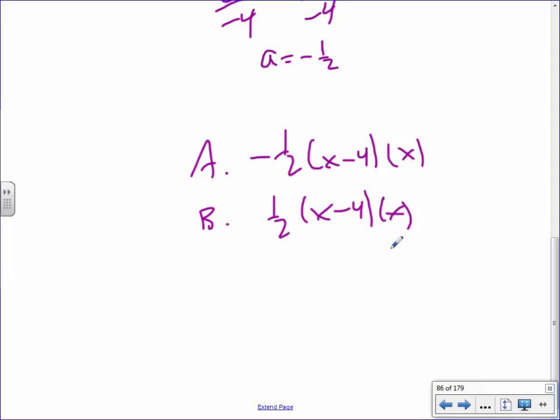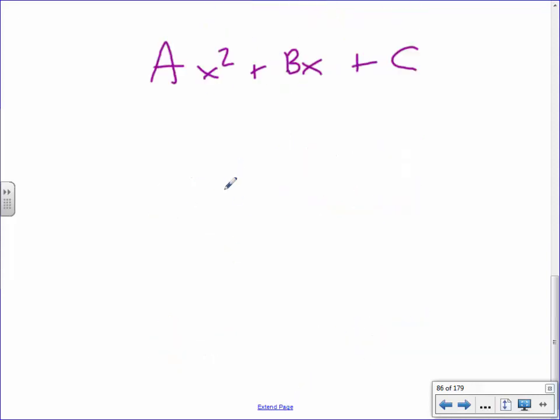You get what I'm saying? So what they might do is they might say in standard form, written as ax squared plus bx plus c, what are the values of a, b, and c?